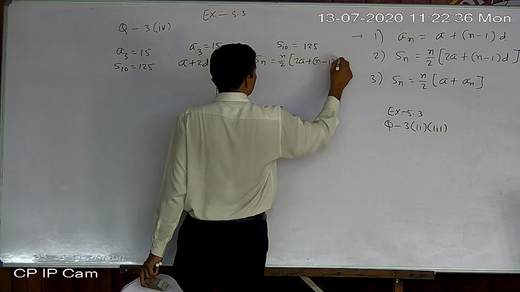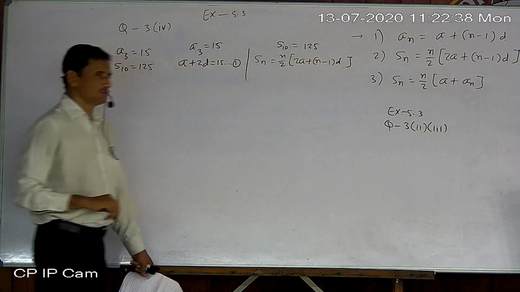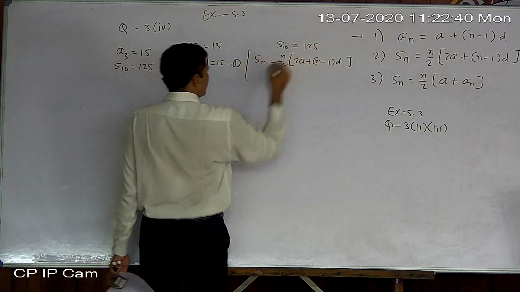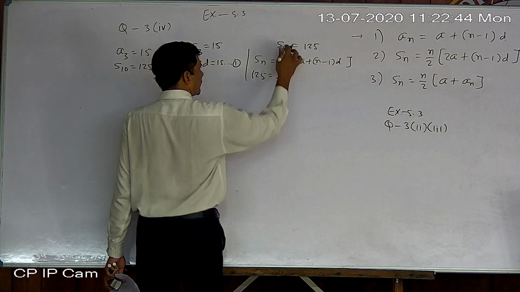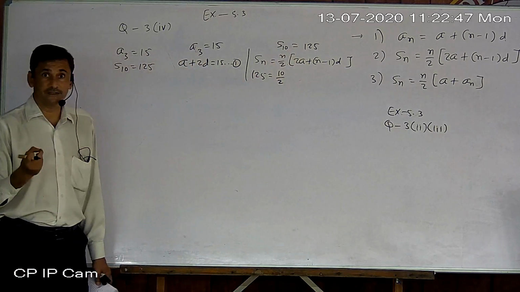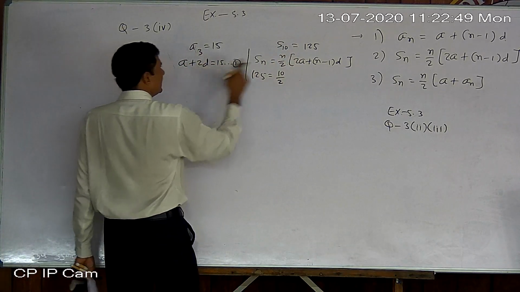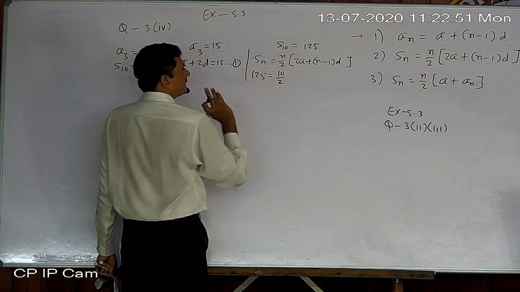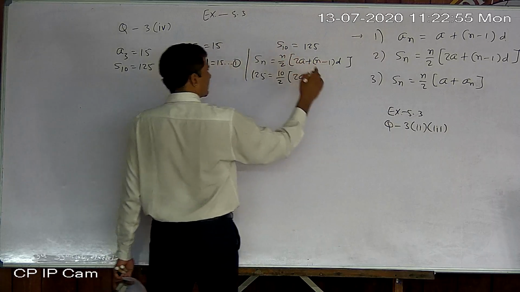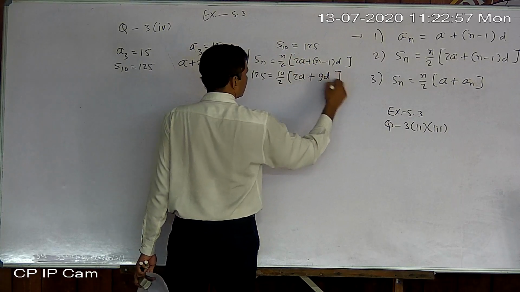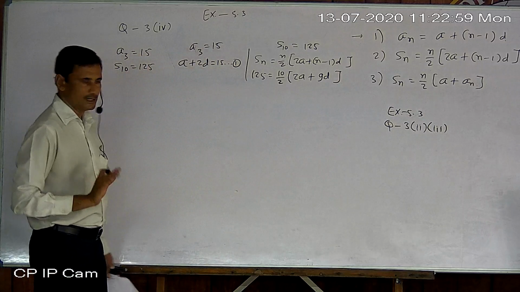I cannot write directly here. Now place our values: 10, 125. Now n is 10. Why? Whatever is given in the subscript, that is the number. So here n is 3, here n is 10. A is not given, n is given as 10. So can I write 9? n minus 1, 9, directly.